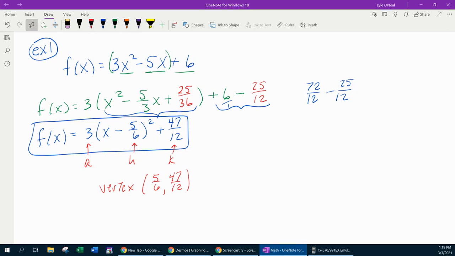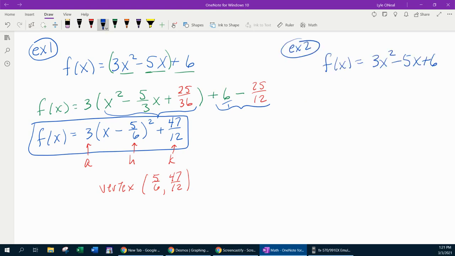The next thing I want to do is demonstrate using the same function how to convert using the vertex formula. So I'm going to call this example 2, even though it's the same function and we're finding the same thing, we're going to be using a different technique.